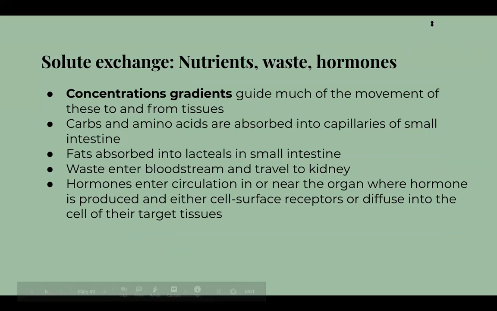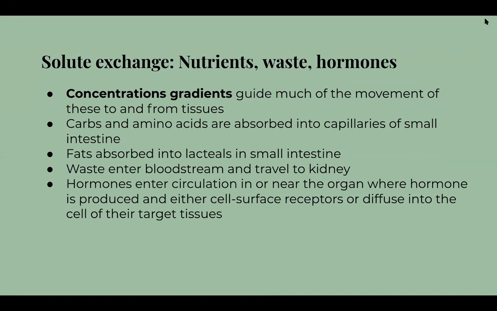Another function besides gas exchange of the circulatory system is solute exchange, and this can be anything from nutrients, waste, and hormones. Most of this is pretty straightforward. It's just directed through concentration gradients. In your blood, there's a higher or lower concentration of the nutrients than at your targeted tissue.